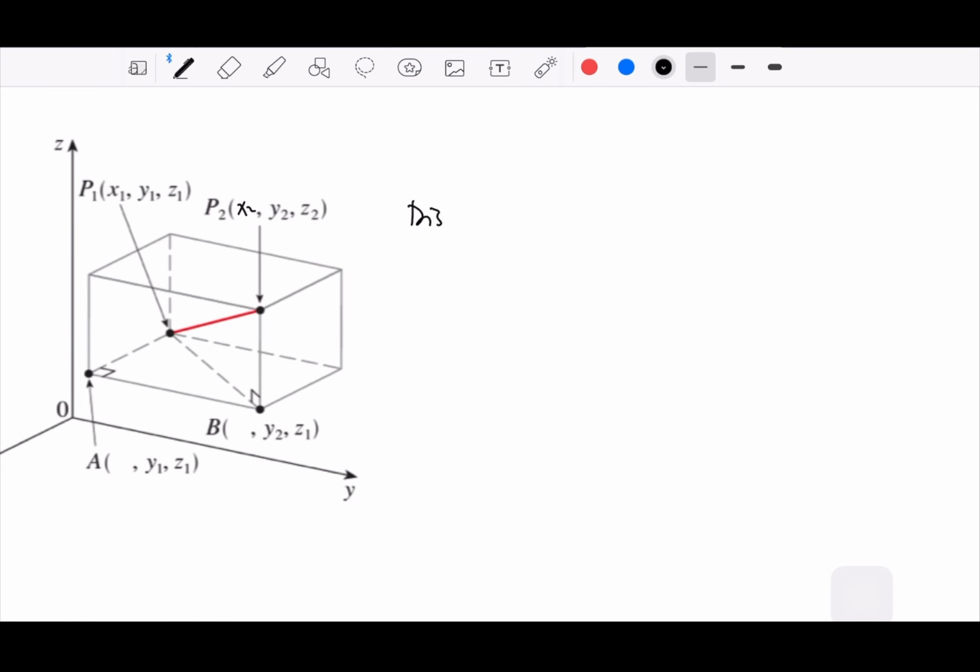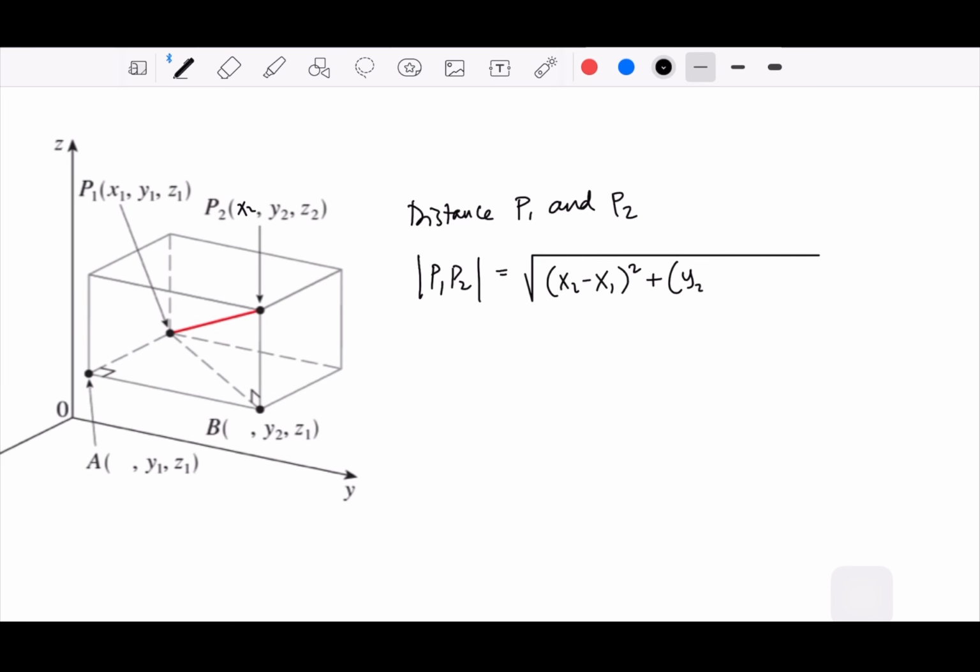Okay, now the distance of P1 and P2 you can write as, it's actually similar to 2 dimensions, but we need to add the z1 here. This is x2, x1.